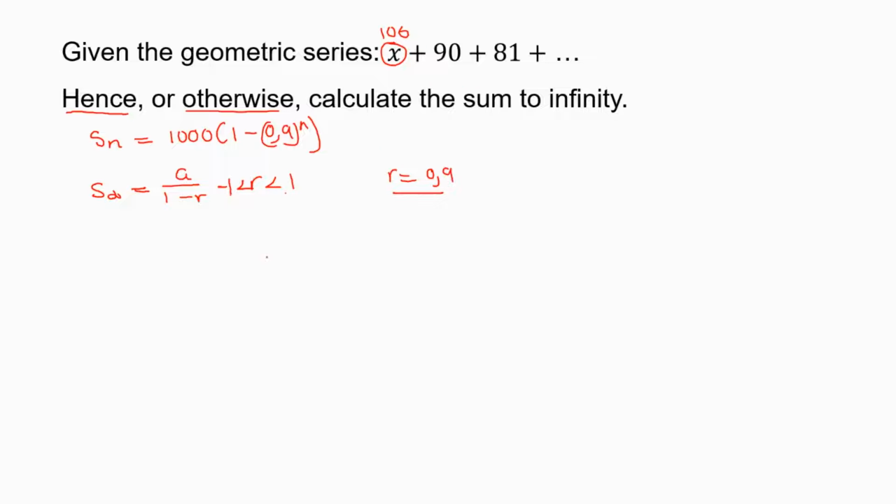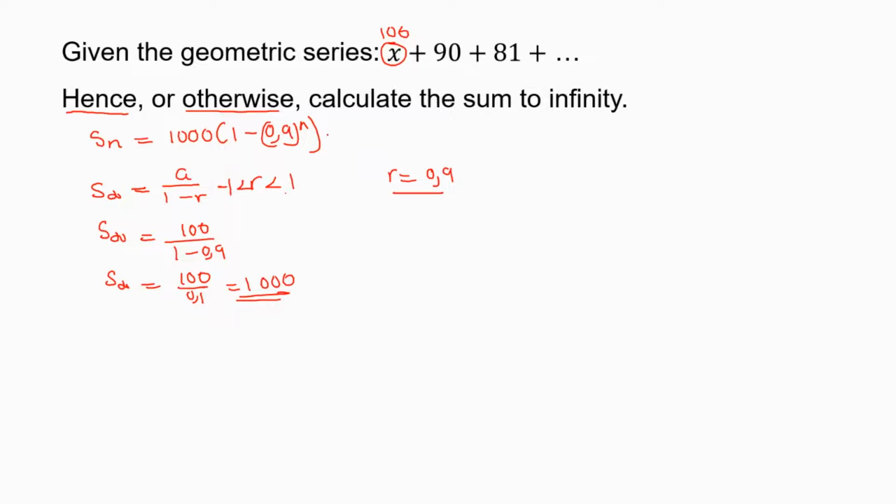So this series is a converging series. So sum to infinity here is going to be a is 100, then over 1 minus 0.9. Then sum to infinity is equal to 100 divided by 0.1, which is 1000. Okay, that's the answer there.